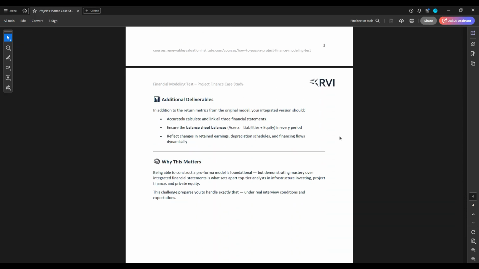Additional deliverables. In addition to the return metrics from the original model, your integrated version should accurately calculate and link all three financial statements, ensure the balance sheet balances, assets equals liabilities plus equity. So we are basically given a hint of the basic setup of a balance sheet here. And reflect changes in retained earnings, depreciation schedules, and financing flows dynamically.